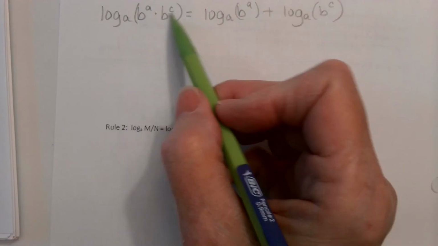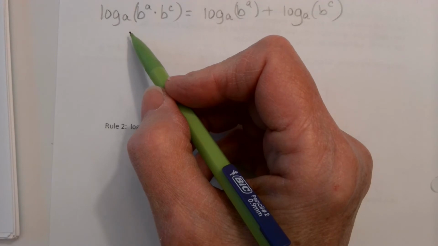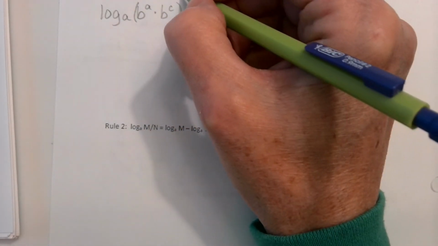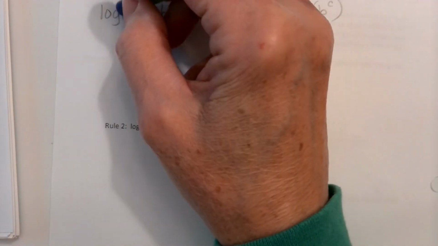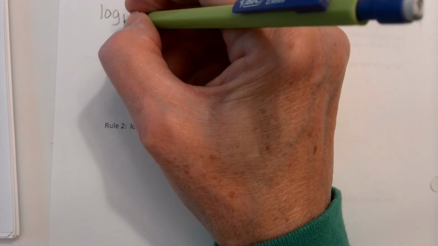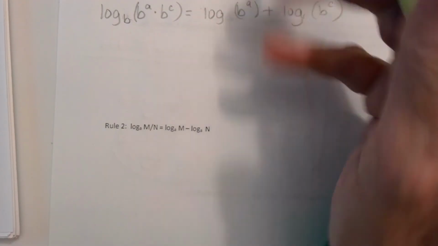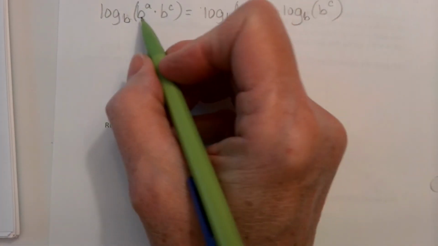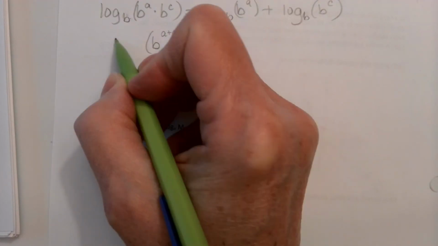On this side, we know that we could rewrite that. I said a, but these are supposed to be b's. I am so sorry. These bases have to match. There we go. These need to have like bases. Anyway, if I'm multiplying these two things, I can add their exponents, right?